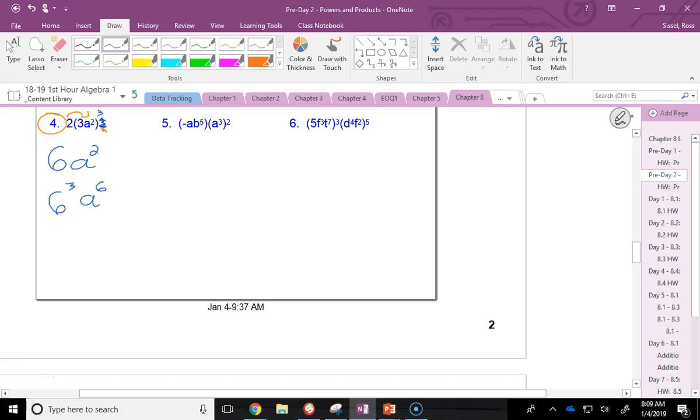This is going to be interesting when we do this one. When we do number 5, the first thing I'm going to do is solve this one, because my exponent's on the outside. So we can still write this one out: negative ab to the 5th times a to the 6th power.